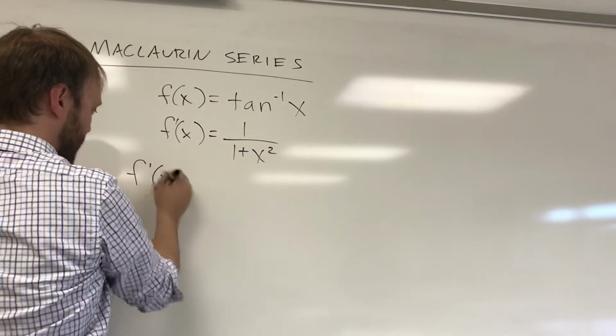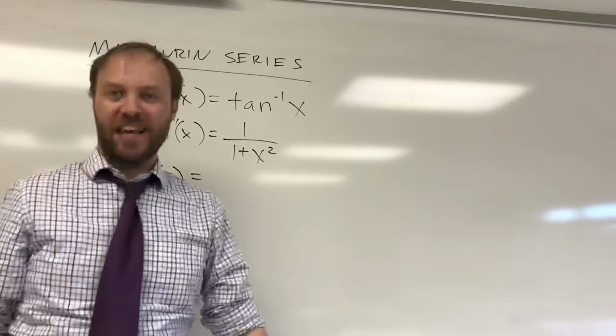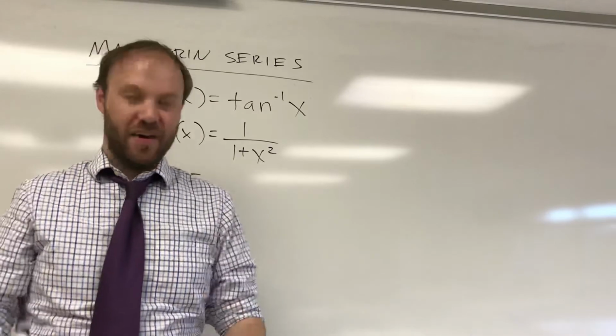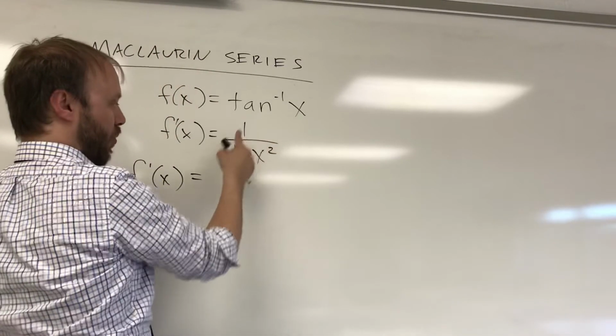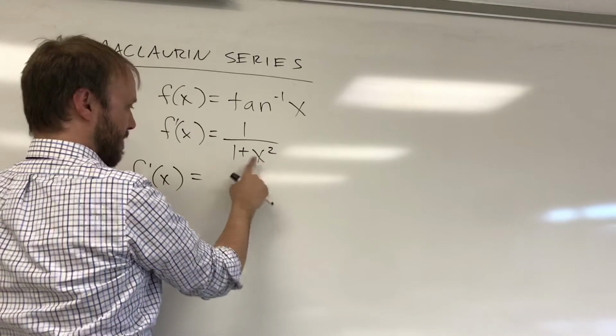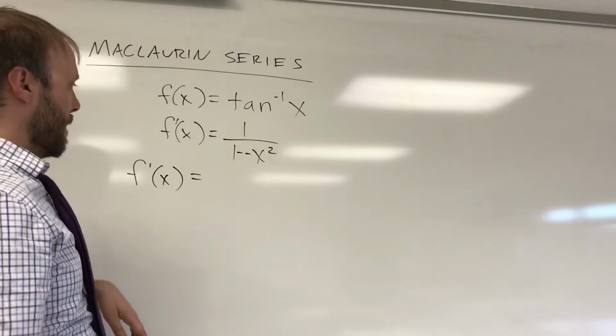F prime, so you look at this and you say, boy, that looks a whole lot like the infinite geometric series sum. Oh, it should be 1 over 1 minus the input. So I'll write that as minus negative x squared, okay?